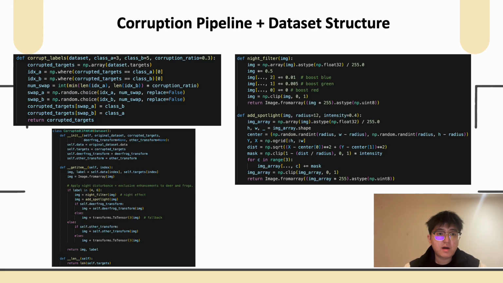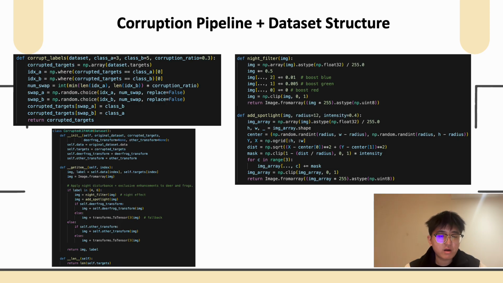This slide shows how we implement the data corruption logic. The top left code block is our corrupt labels function, which swaps cat and dog labels based on a default ratio. On the right, you see two corruption functions, light filter and add spotlight, which simulate night vision and glare for deer and frog images.